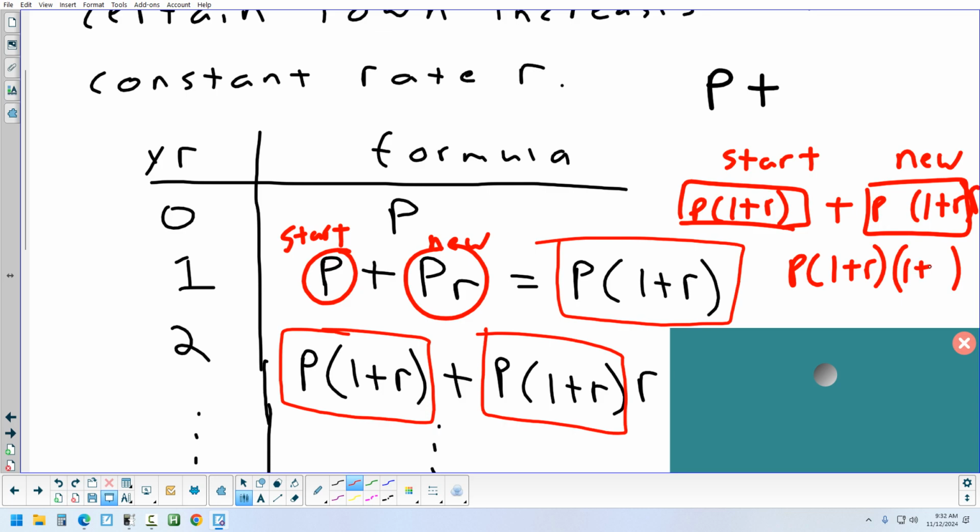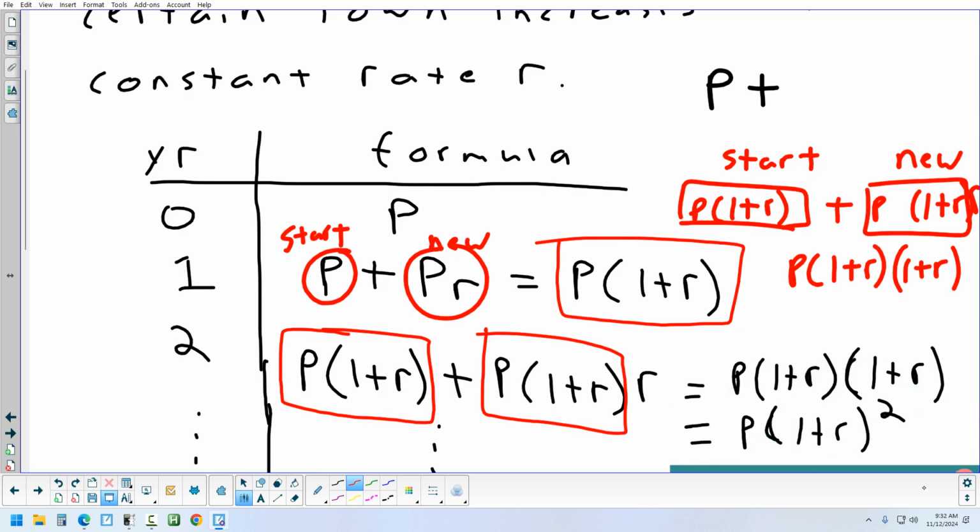Just the R. And what's P times (1 plus R) times (1 plus R)? Yep. P times (1 plus R) to the second power. I had some of this already written out; I was just showing it to you as we went. So that's your population for year 2.